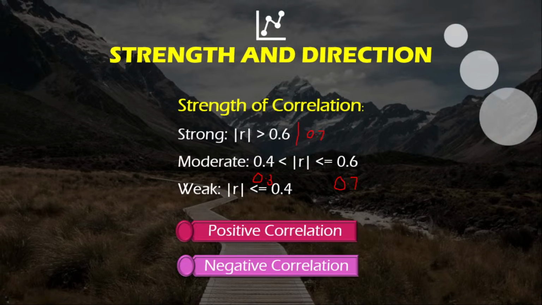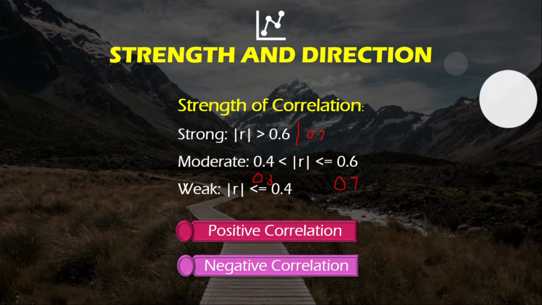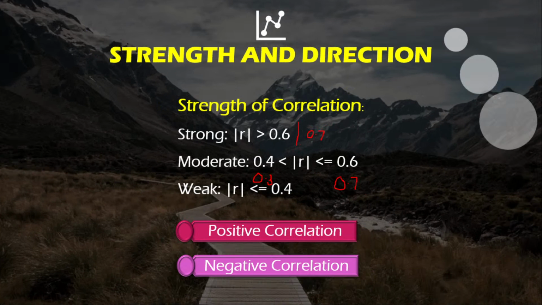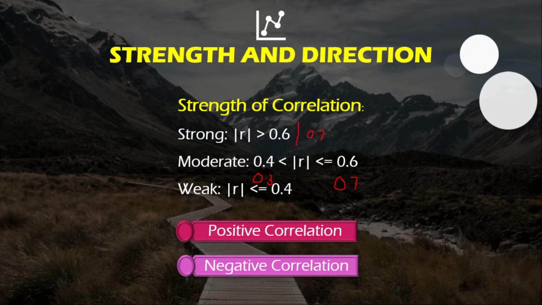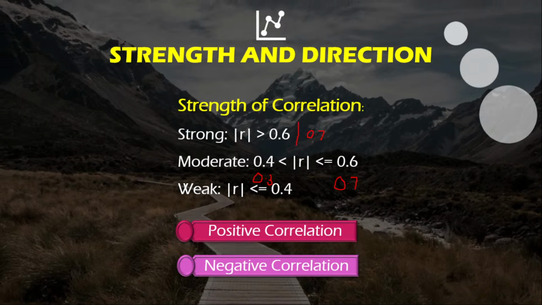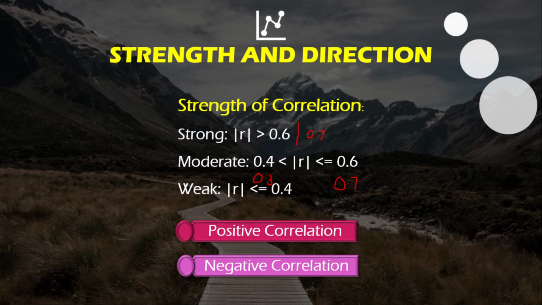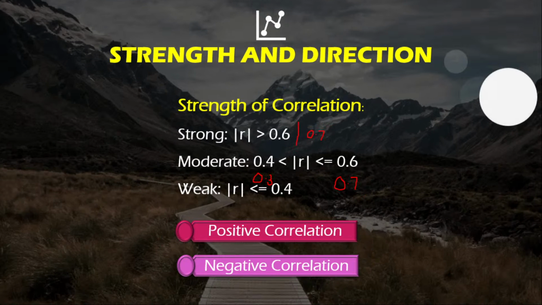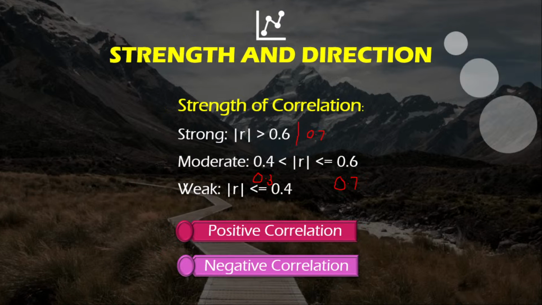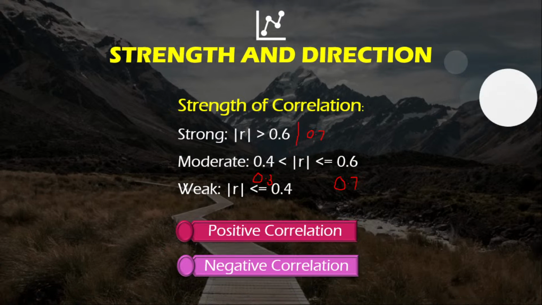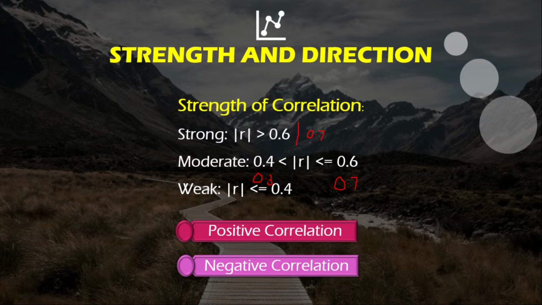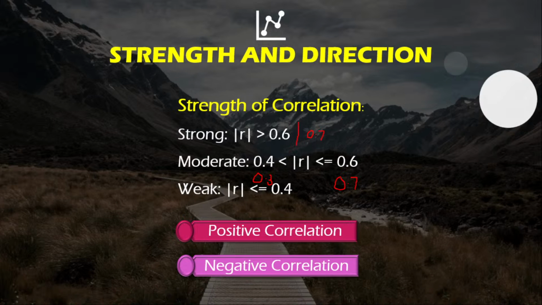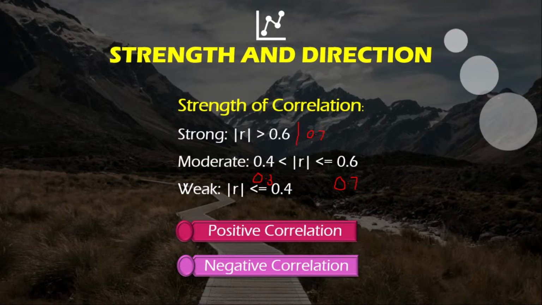In other words, we can call it an inverse proportional relationship. Negative correlation can be tagged as inversely proportional, while positive correlation can be tagged as directly proportional, in our basic mathematics, in our O-level mathematics.